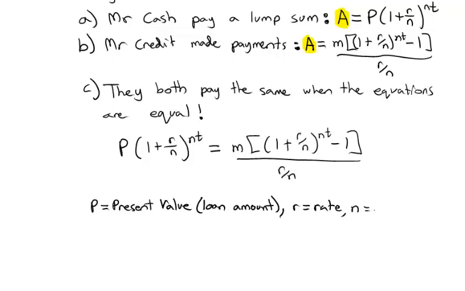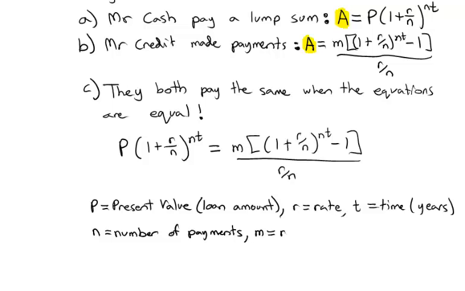N is the number of payments. Running out of space, I'm going to put that on the next line. I'll say T is time on this line, and as always, in years. N is the number of payments per year.